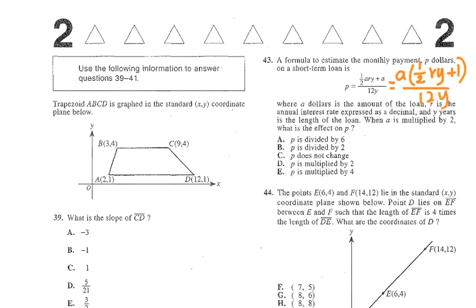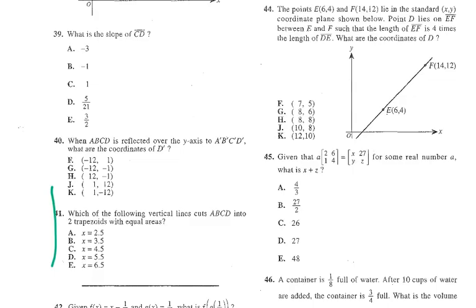Since A is multiplied by 2, and this part will be a constant number, therefore, P will be multiplied by 2. Therefore, D is the answer.